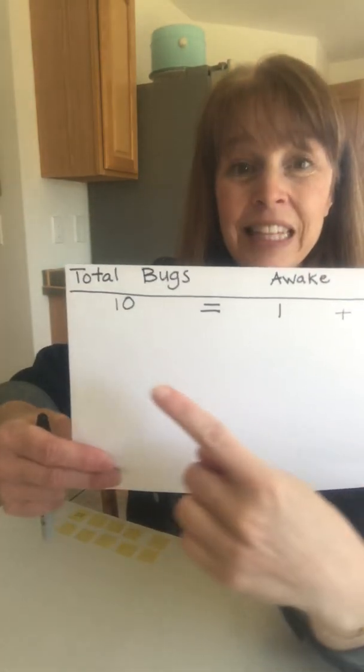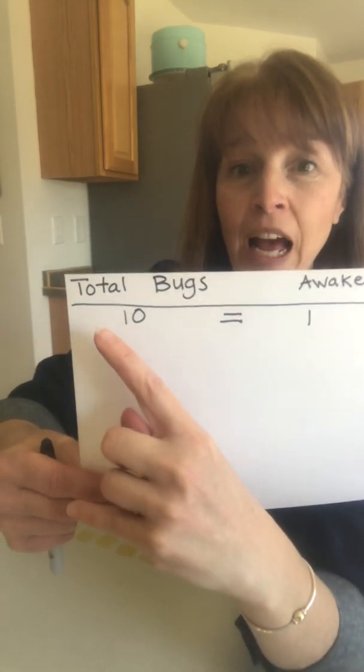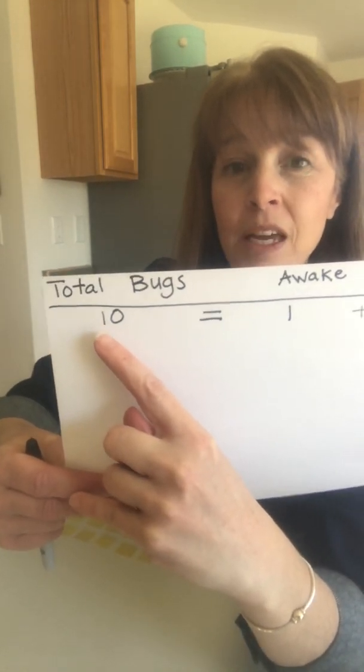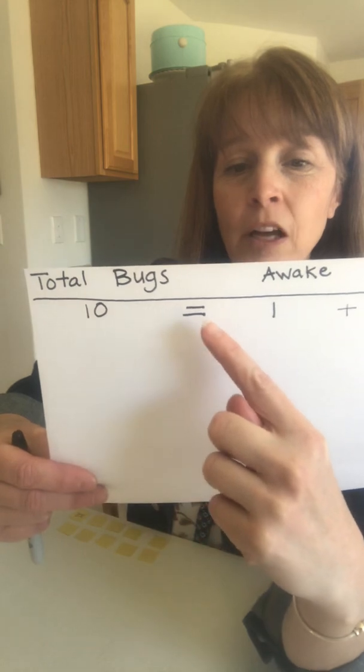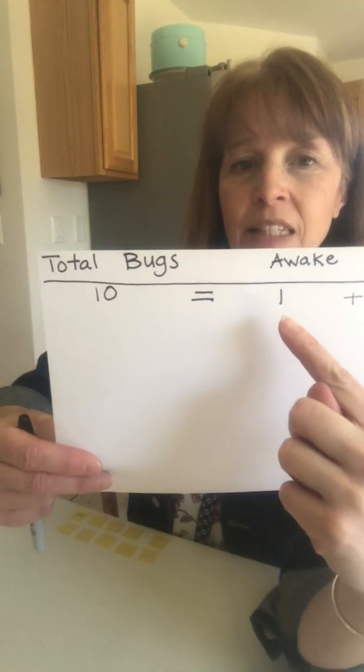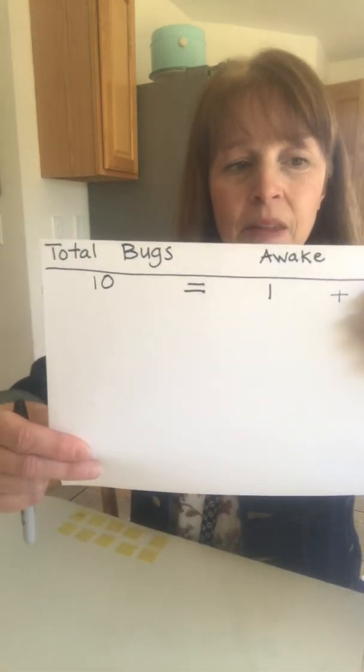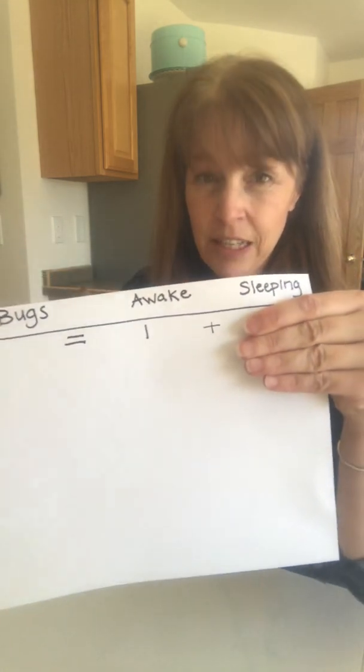Good. So I'm going to wake up one of my little bugs, turn it over. All right, awesome. There's my bug, it's awake. And now I can continue with this paper here with my little chart. I started with 10 bugs. We know that 10 bugs equals 1 bug that's awake plus some bugs that are sleeping.